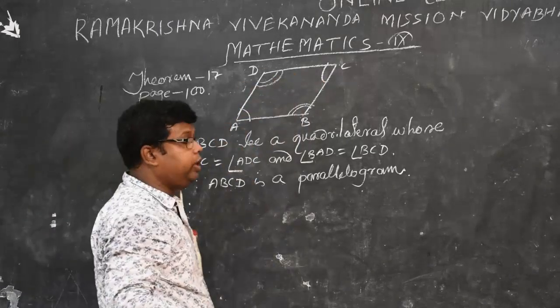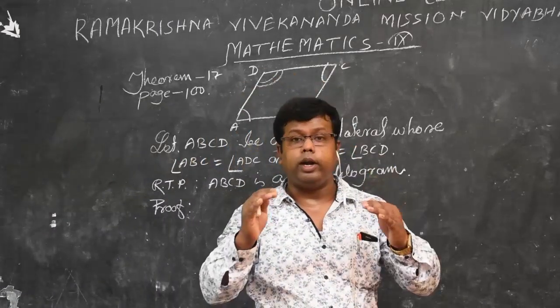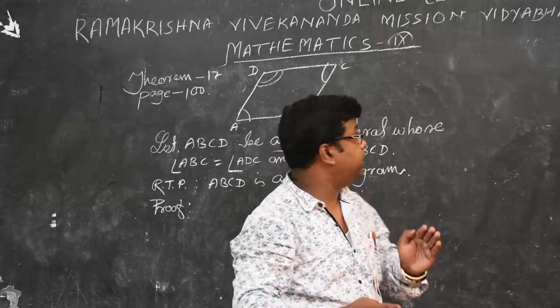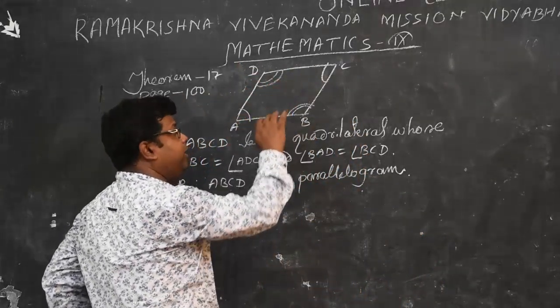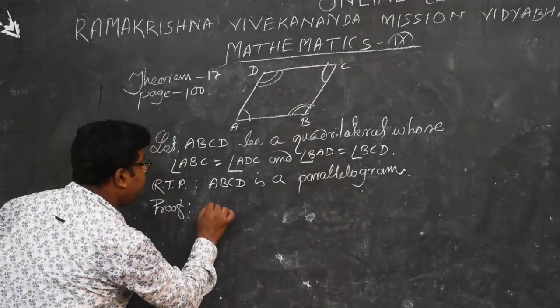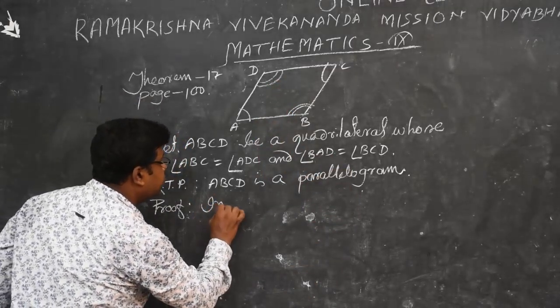ABCD is a quadrilateral. You know, the sum of the four angles of a quadrilateral is 360 degrees. So the sum of the four angles of this quadrilateral will be 360 degrees.